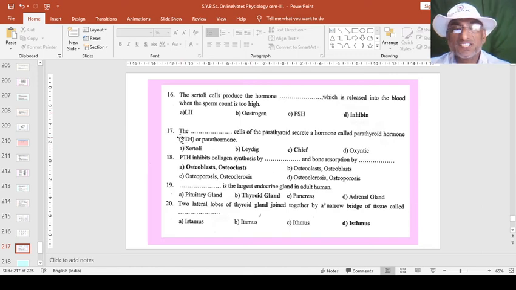The dash dash cells, the chief cells of the parathyroid, secrete a hormone called parathyroid hormone, or PTH, or parathormone. Parathormone inhibits collagen synthesis by osteoblast, and bone resorption by osteoclast.